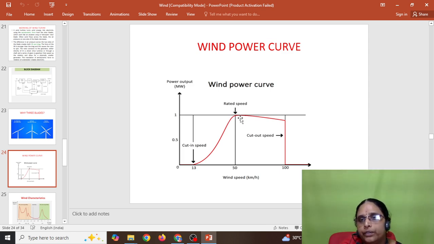After that it also gives power, and it slightly decreases at 100 km/h, that is the cut-out speed. If you run the wind turbine above that speed, it will be damaged due to high speed. So when the wind speed reaches 100 km/h, we have to stop the wind turbine by using the braking system.